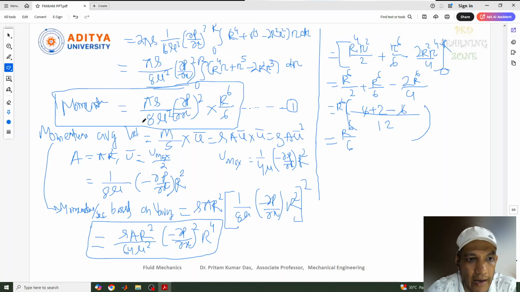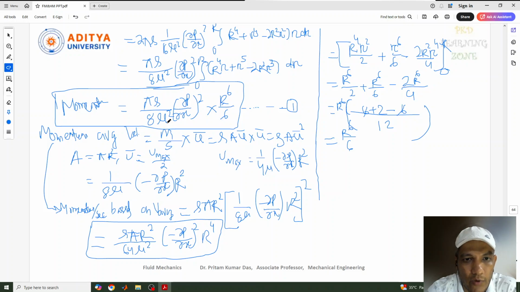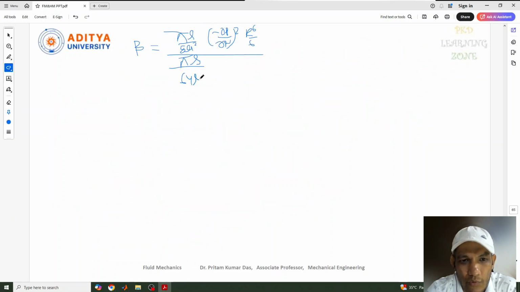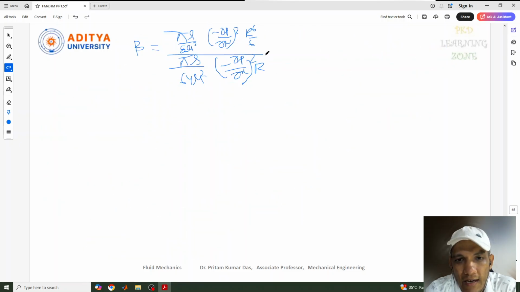So this is the actual one. Now here we get pi rho divided by 64 mu square, and here 64 mu square, minus del p by del x whole square, r to the power 6.